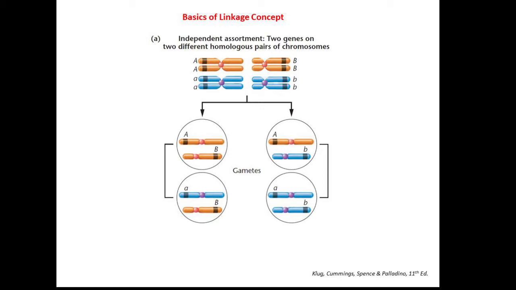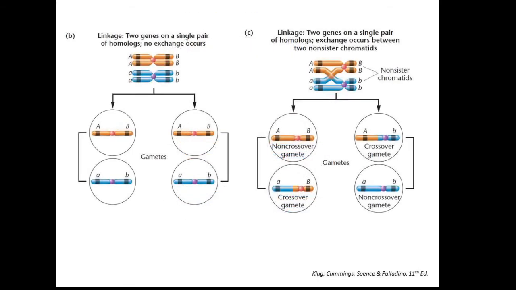In the upper panel, we can see the chromatid-wise distribution of alleles in two homologous chromosomes, and in the lower panel, gametes are shown in haploid conformation. Now, in this picture, in the left-hand panel, image B, you can see that on the same chromosome, on the same DNA strand, capital A and capital B are present.